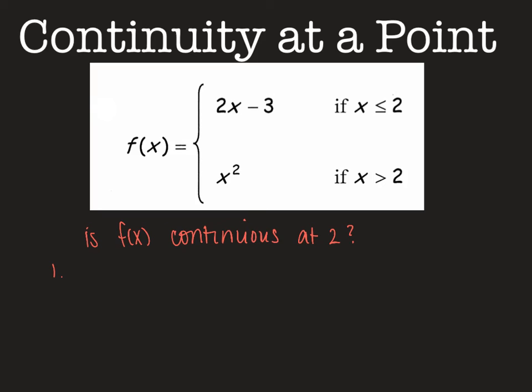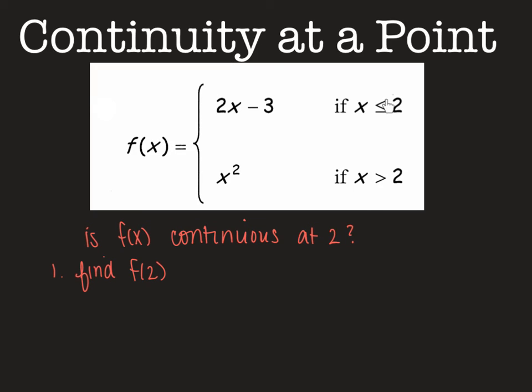So our step 1 is to find f of 2. Okay, you're going to need some knowledge for your piecewise functions here. You need to determine which piece to plug it into because you're going to get different values. So if I plug it into the one where it says x is less than or equal to 2, this is the piece I'm going to be using. For any value greater than 2, it could be 2.01, I would be using this second piece down here because that's for values greater than 2.